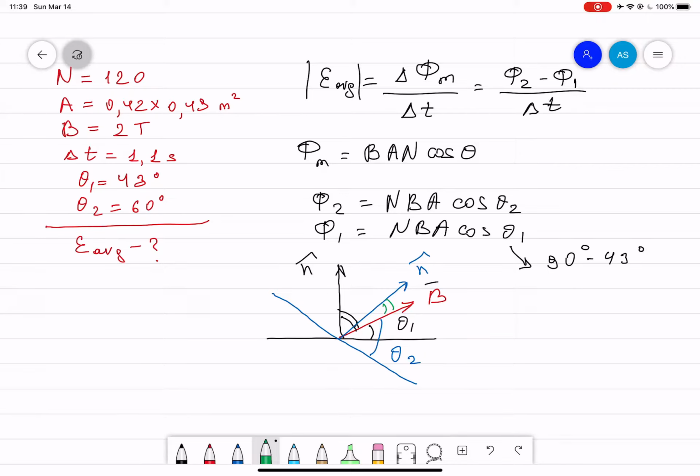In the case of theta 2, theta 2 has to be equal to 90 degrees minus 60 degrees. That means the rectangular loop has been tilted in a time of delta t, right? So delta t here is equal to 1.1 seconds. That's it. If you plug in the numbers, you should get the answer.